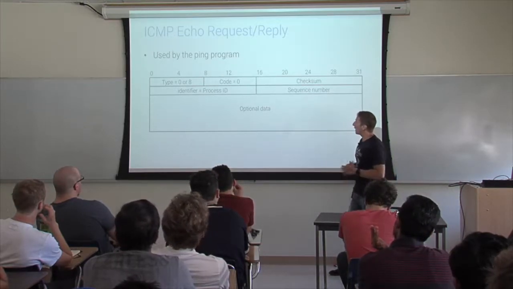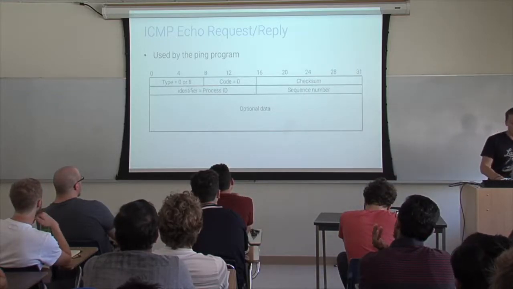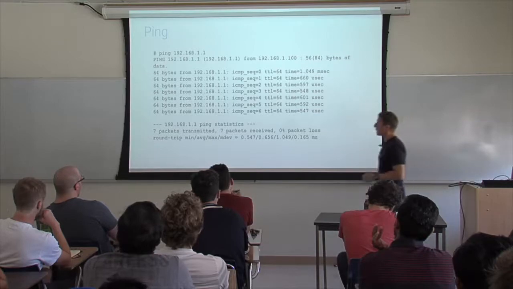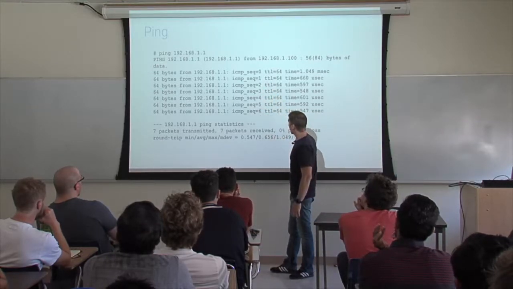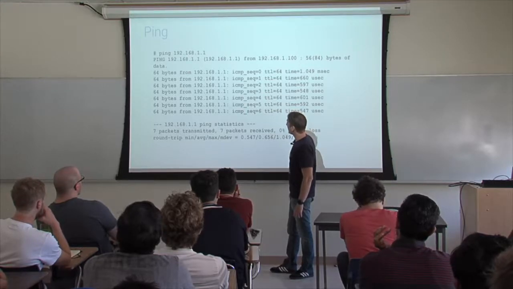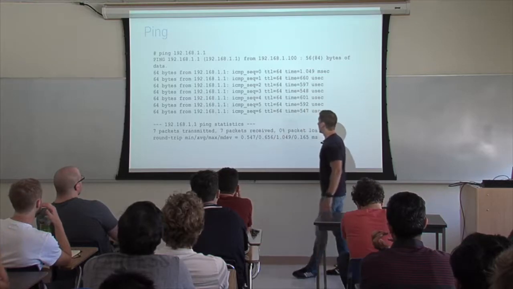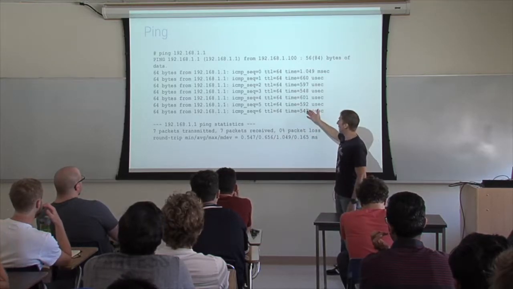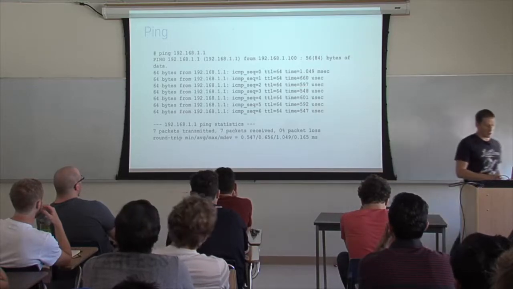There is an identifier, which is a process ID, and a sequence number. So this is how your classic ping looks. You're very familiar with this. You have your sequence number, which tells you where you are in this series of messages. You have a time to live. And you have the time between sending and receiving the ICMP request and reply.